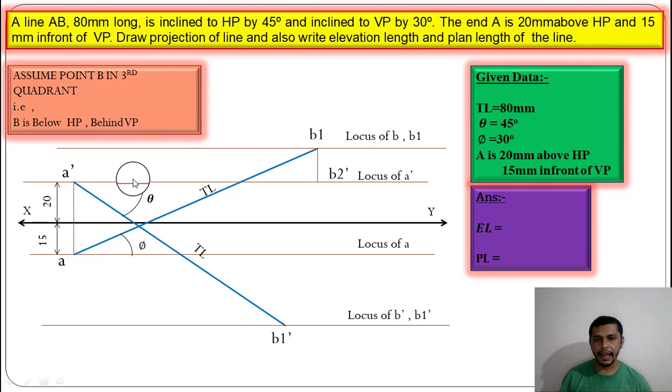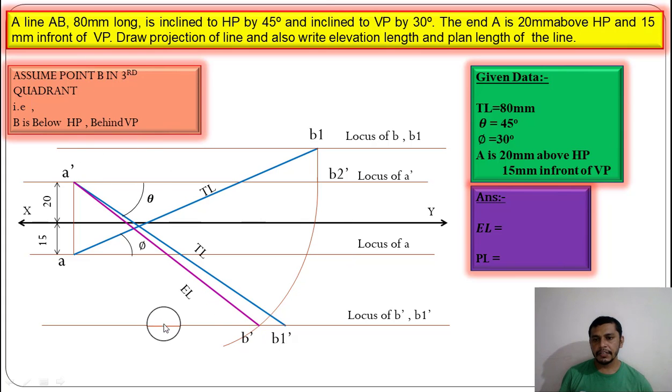Now measure A dash B2 dash. The distance between A dash and B2 dash will give us the elevation length. So now measure A dash B2 dash and give an arc on the locus of B dash. Here we will get the elevation of point B, that is B dash.